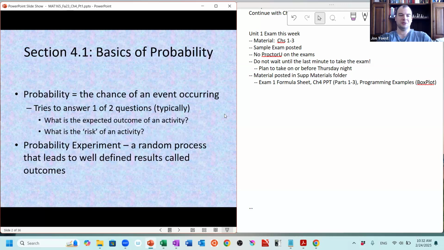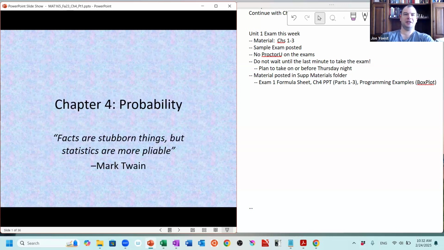Okay, and then we're moving into this idea of probability. And as I mentioned in the lecture recordings that I posted, we're really shifting gears here. Chapters 2 and 3 primarily were very data oriented. They had the perspective that we went into the real world, we got some data from the real world, and we want to describe the nature of this data set in some way.